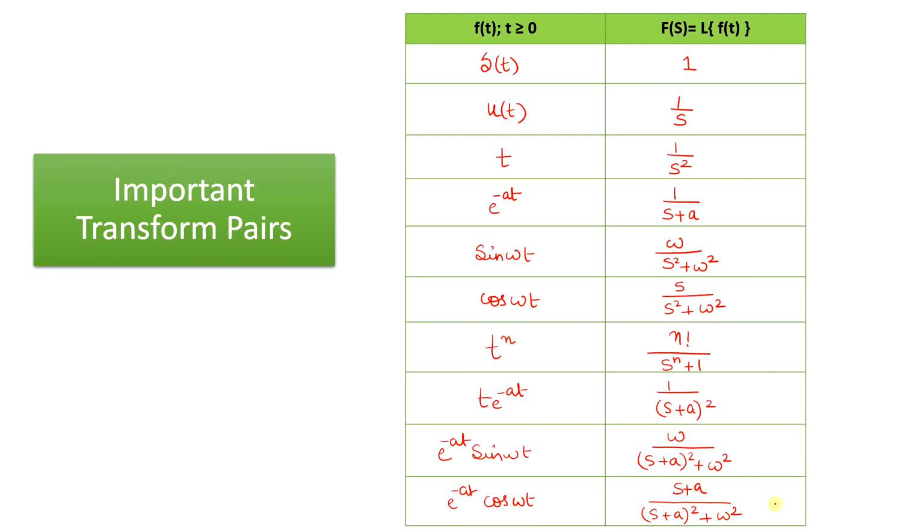So you may try some of the functions which we have not done and see what you get on the right hand side in the Laplace domain. So remember these important transform pairs, which will be very useful for us when we are going to solve the numericals.